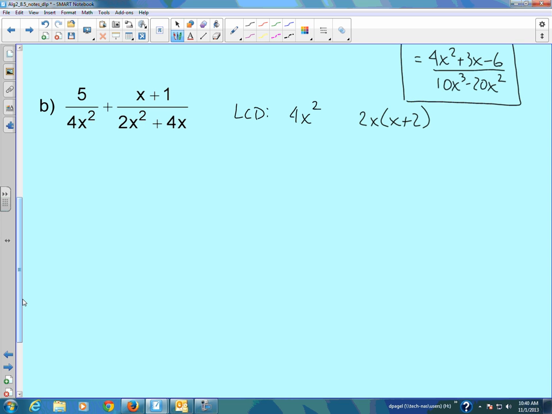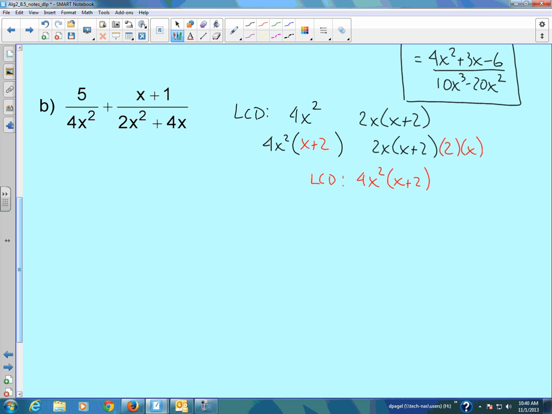So the 4x squared would have to get multiplied by an x plus a 2 to look the same. And the 2x and x plus 2 would have to get multiplied by a 2 to make a 4 and an additional x to make an x squared. So my LCD would then be 4x squared and x plus 2.